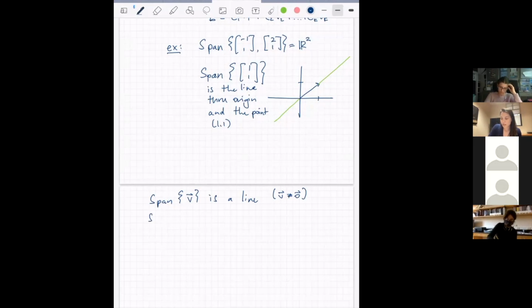Okay. If you're considering the span of 2 vectors, say v and w, this could be a line or it could be a plane.